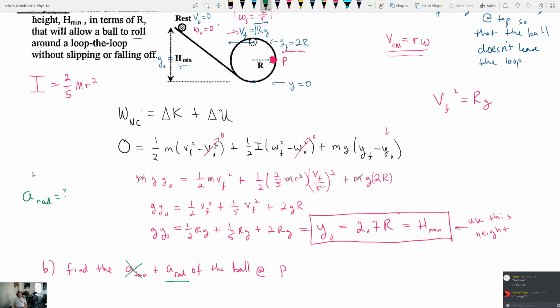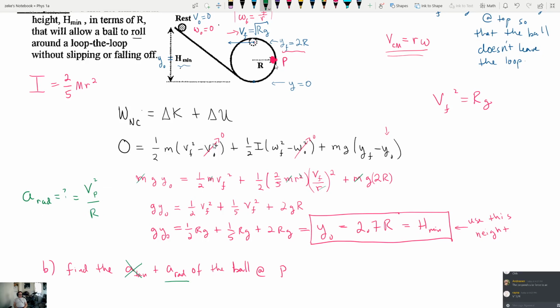Okay, that's one way, r times omega squared. What was the other way? Perpendicular force. That's not the answer. It's simpler than that. We also call it centripetal acceleration. V squared over r. That's all we need to know. If I know the velocity of the ball at point P, and we square that and just divide by the radius of the path, that gives you the radial acceleration, right?